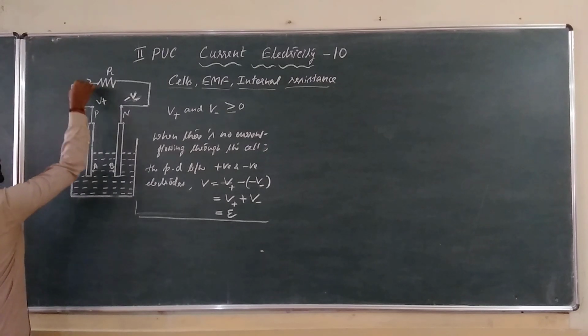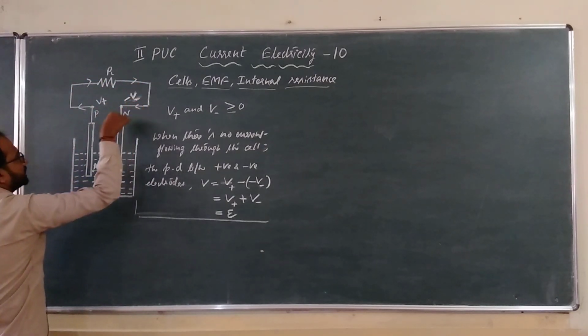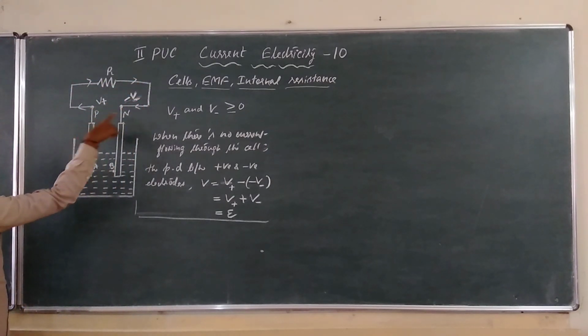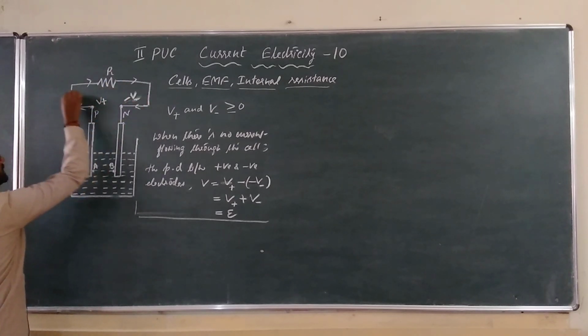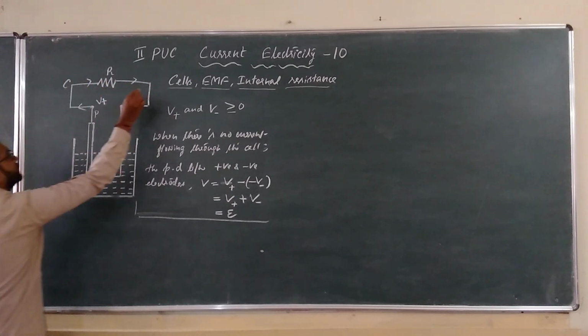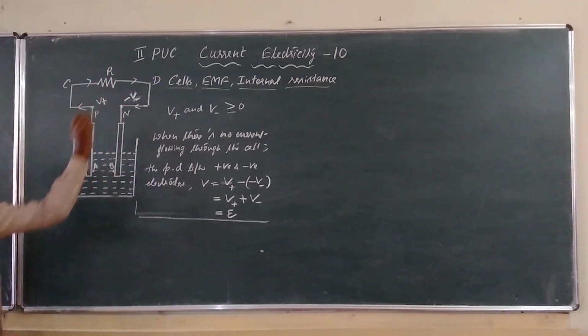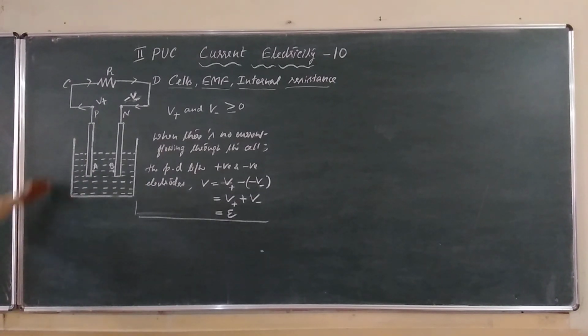So current flows in this particular direction. This is at higher potential, this is at lower potential. Current flows like this. This end is C, this end is D. Current flows through the resistor from C to D.